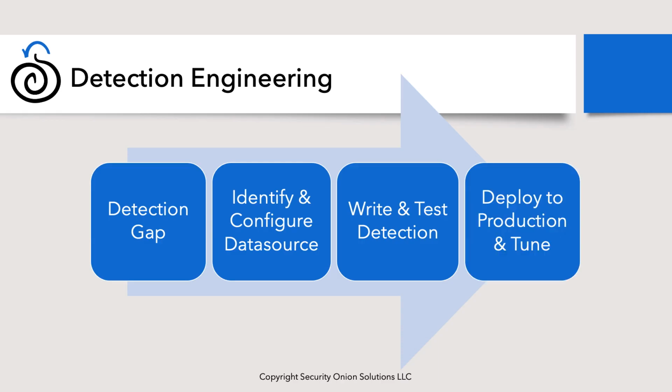Finally, we have deploying to production and tuning. Once you've deployed your detection into production, it's going to be really normal and common that you're going to have to go back and tune it. What's that well-known saying? Your planning's well and good and we should do it, but no battle plan ever survives contact with the enemy, right?